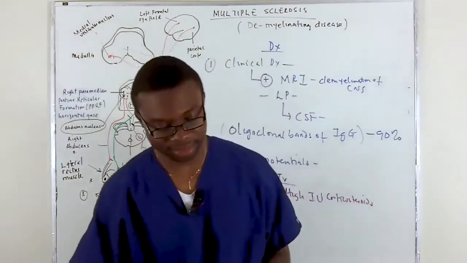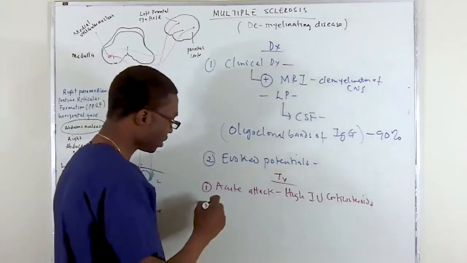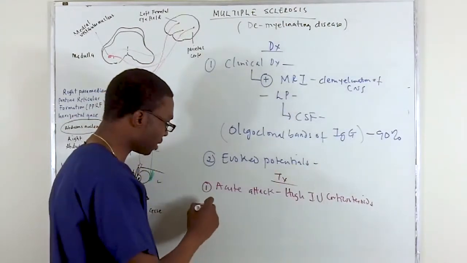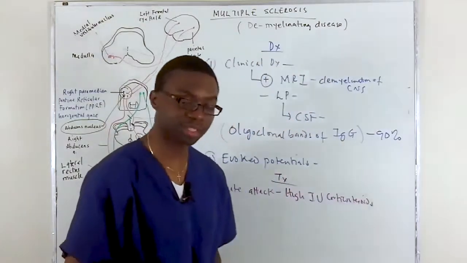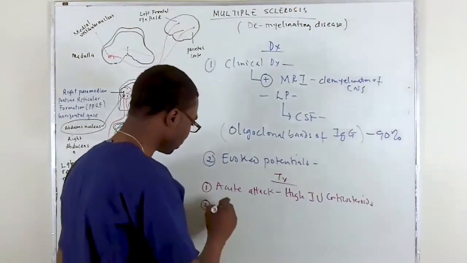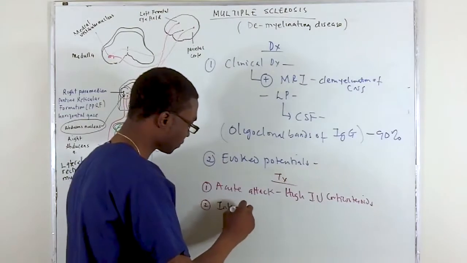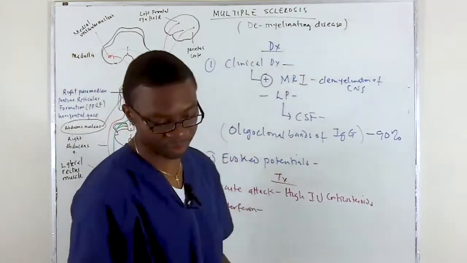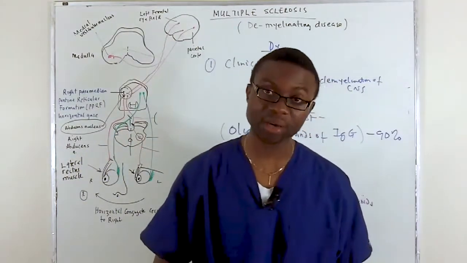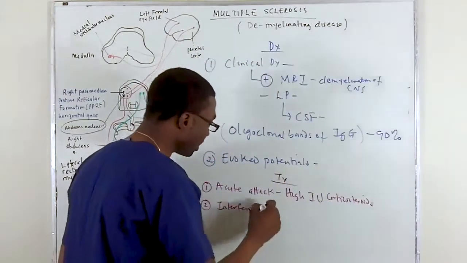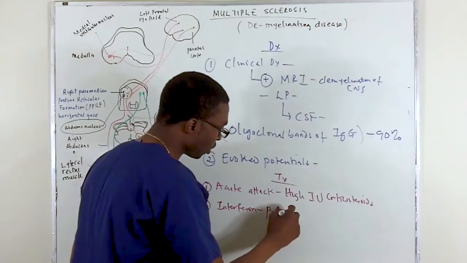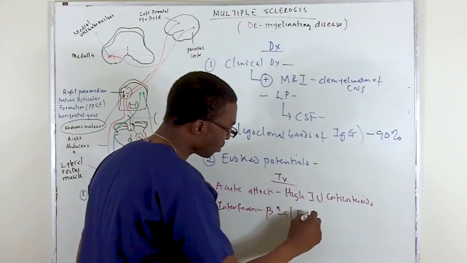Also, patients can be given disease-modifying therapy. And this is actually where we can use interferon. What kind of interferon do we often use? We use the beta 1A interferon and the recombinant beta 1B. Beta 1A and beta 1B.